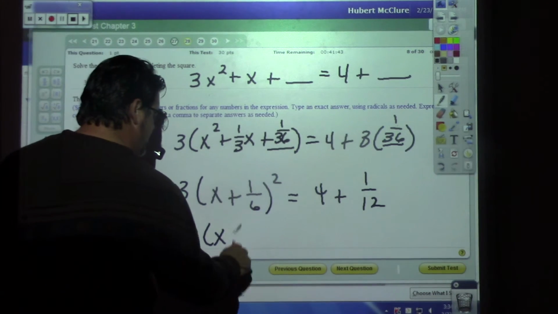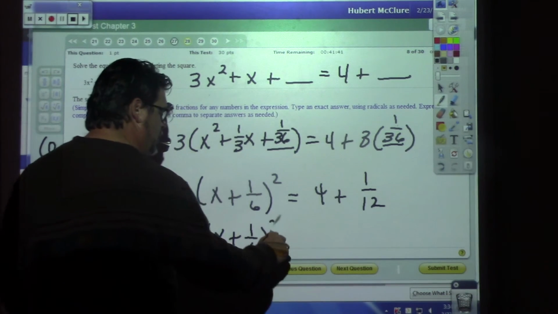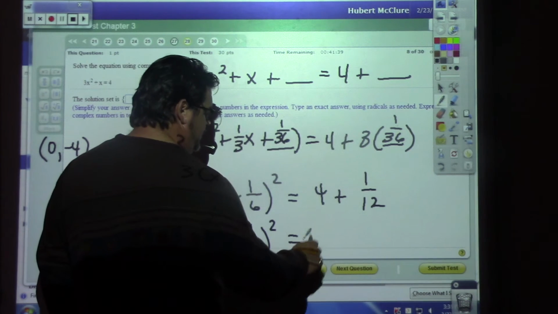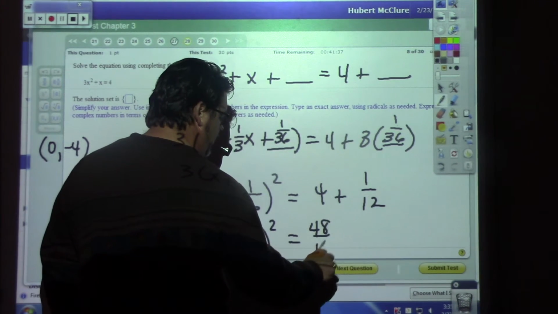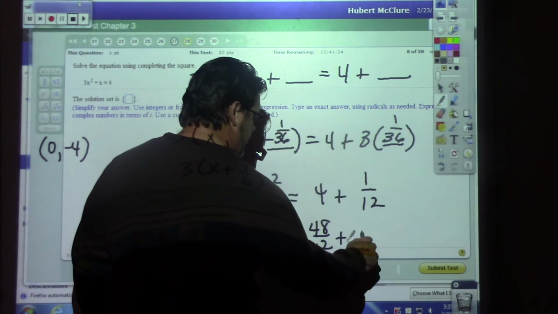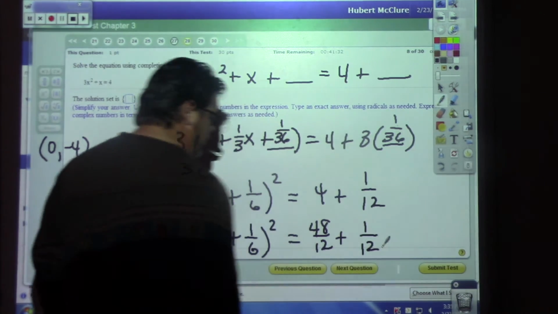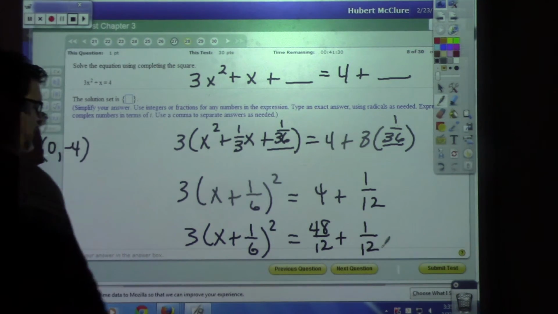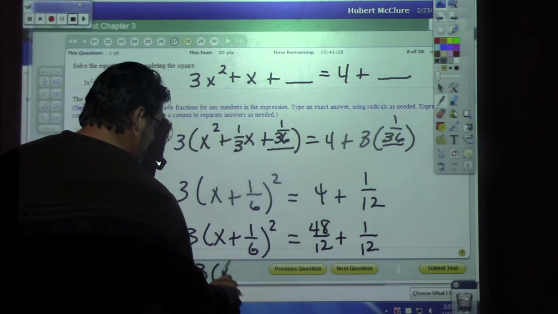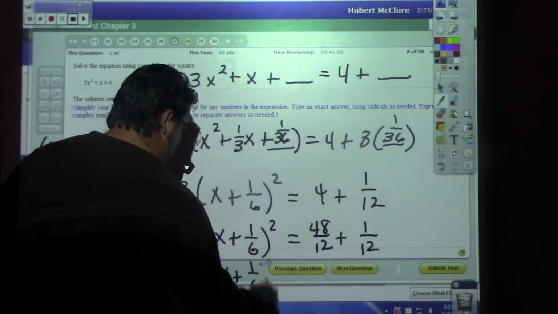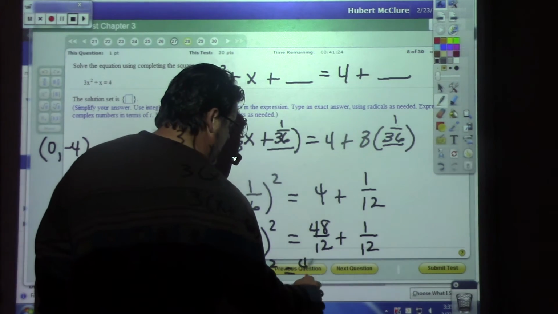3 times x plus 1/6, quantity squared, is equal to 48/12 plus 1 over 12. And 3 times x plus 1/6 is equal to 49/12.